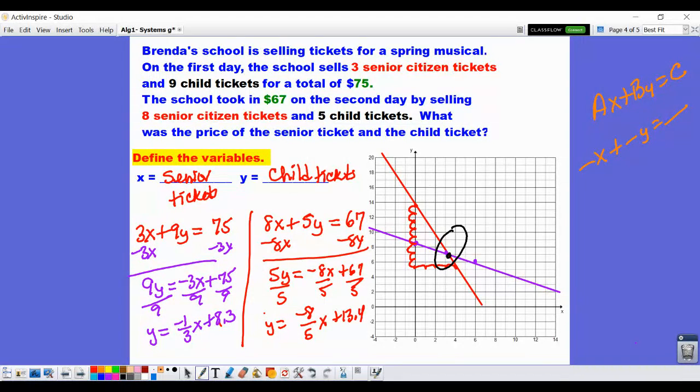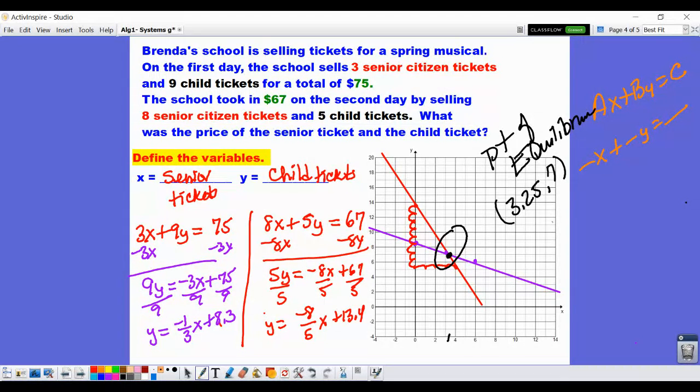It looks like that's where they intersect. So my point of equilibrium, we're going to estimate to be, if that's $3, I'm a little bit more than 3, so I'm going to say 3.25 for my x, and I'm going to come up to my y, and I'm going to say that is pretty close to 7. So I'm going to make it a 7.